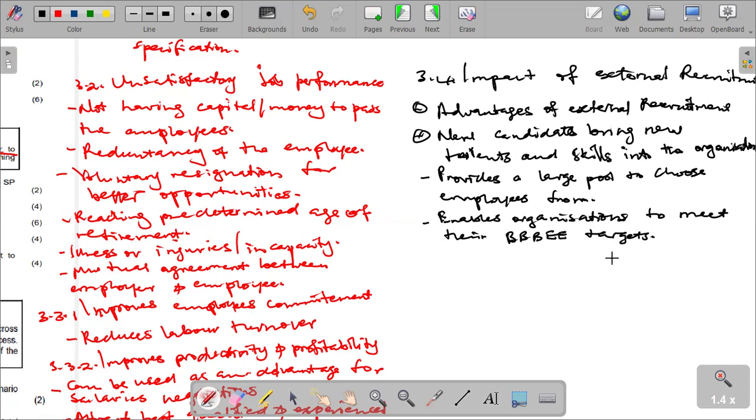It helps organizations to meet their BEE targets, which is also another good advantage. It also minimizes conflict among its current employees.